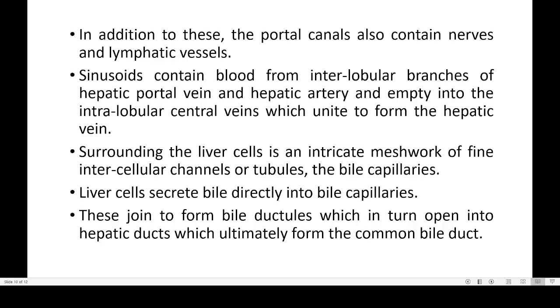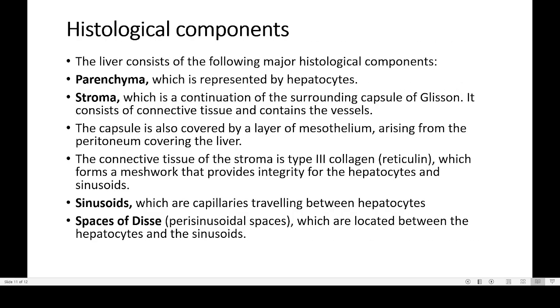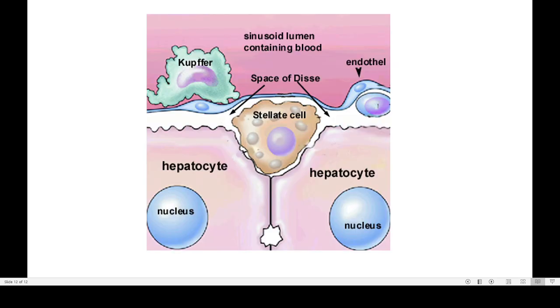Then coming to the histology part. So here you can find that the liver consists of four major types of cells. One is parenchyma, second is stroma, third is sinusoid, and fourth is the space of Disse. So this is how the entire idea is.